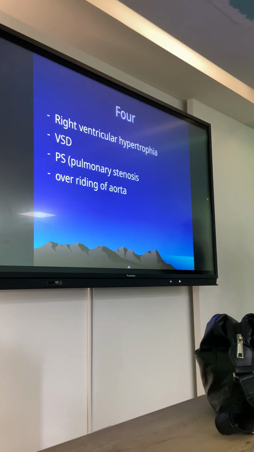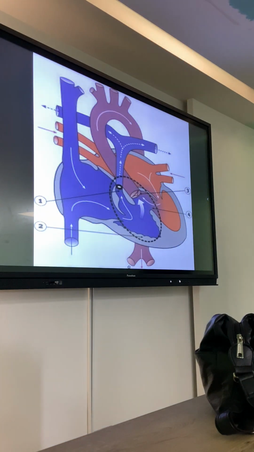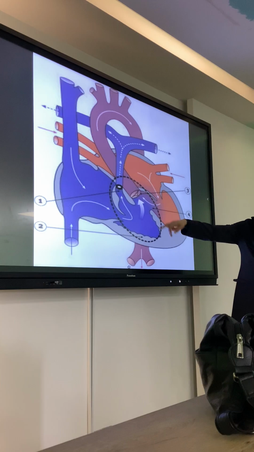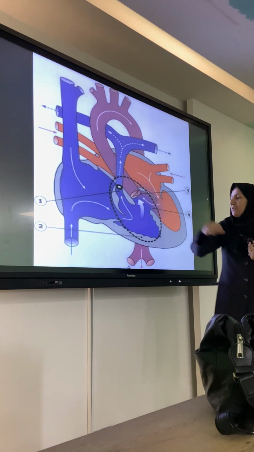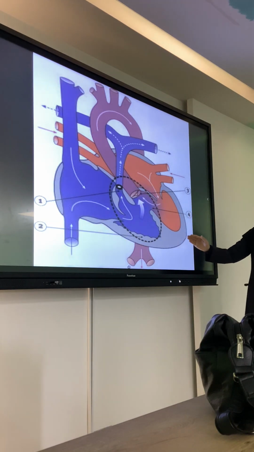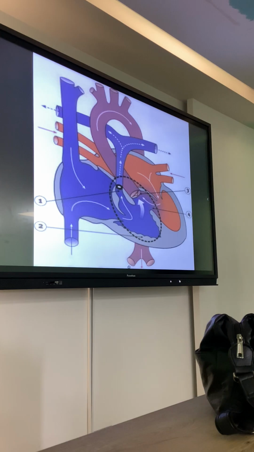Final exam question: which one is related to tetralogy of Fallot, or which one isn't? Pay attention. Remember these 4 signs: overriding of aorta, VSD, pulmonary stenosis, hypertrophy of right ventricle.